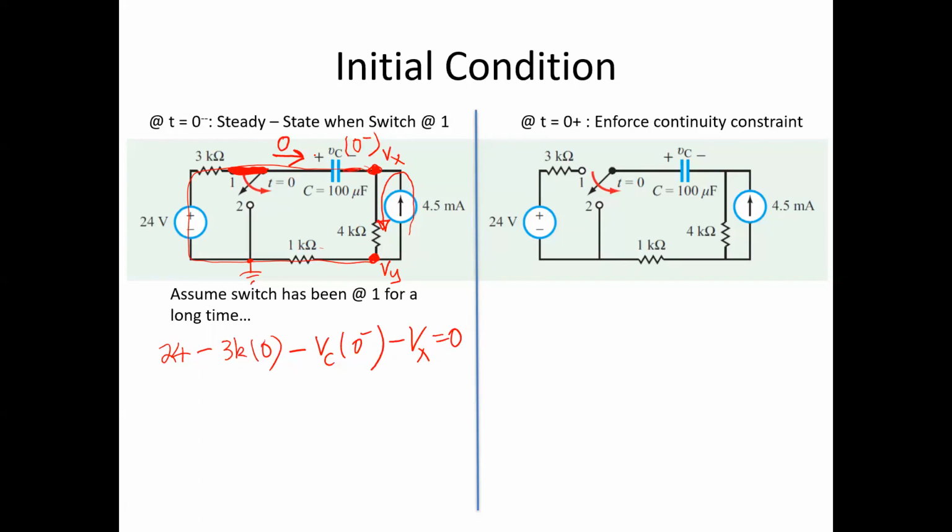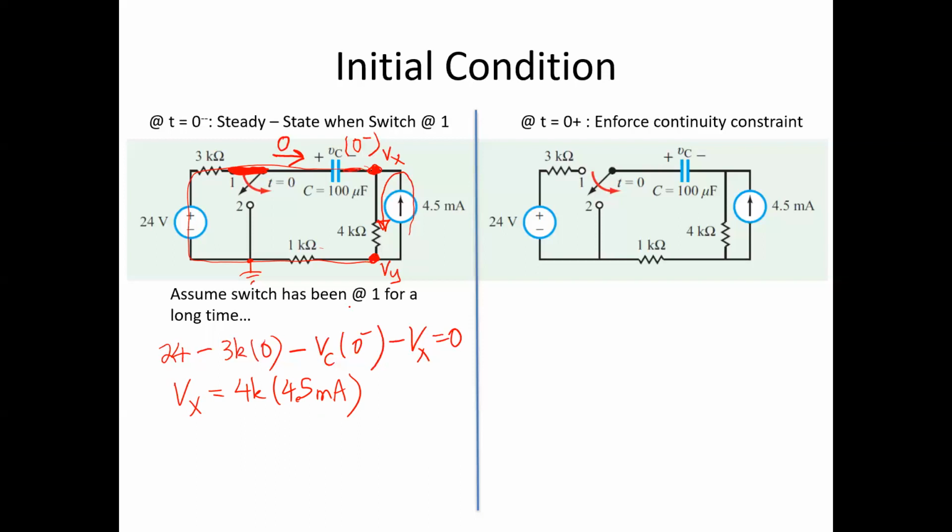It's equal to 0. Hence, there's no voltage drop over the 1K ohm resistor. And so we can write that Vx is equal to just 4K times 4.5 milliamps. Okay, and if you solve these two equations, you can numerically find a value for VC of 0 minus.